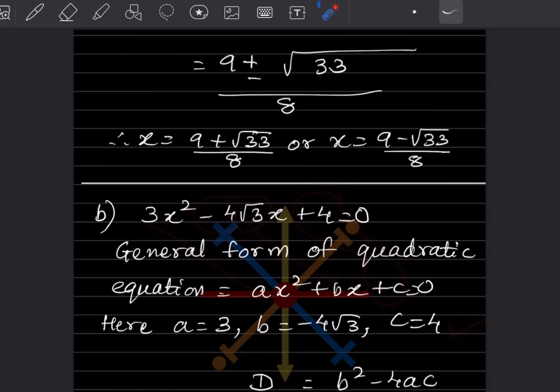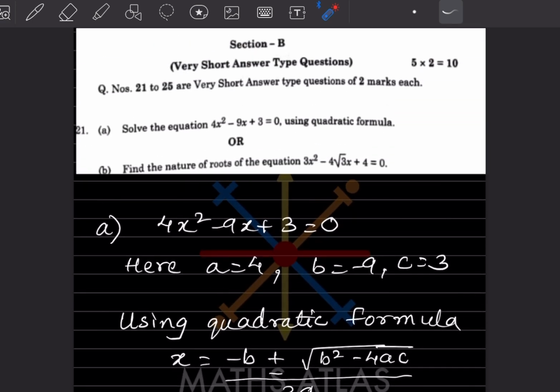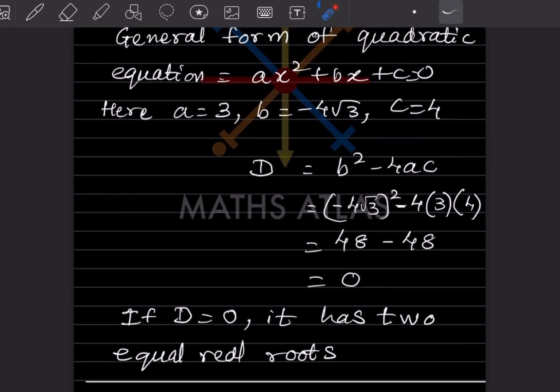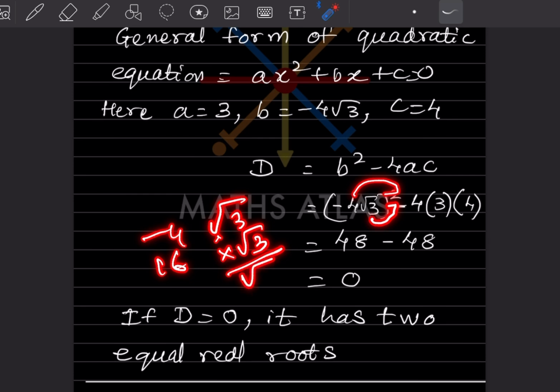Now they have said nature of roots, and nature of roots means the discriminant. This stands for the discriminant, that is b square minus 4ac. Just plug in the values. Minus 4 root 3 is given, minus 4 into 3 into 4. You have to take the square of minus 4 root 3, that is 16, and root 3 square means root 3 into root 3, which is just root of 9, that is 3.